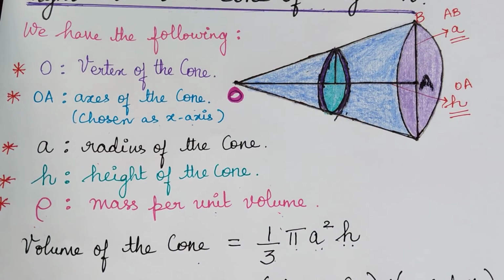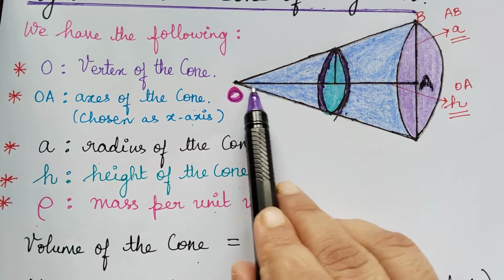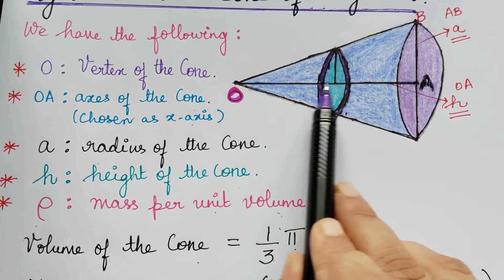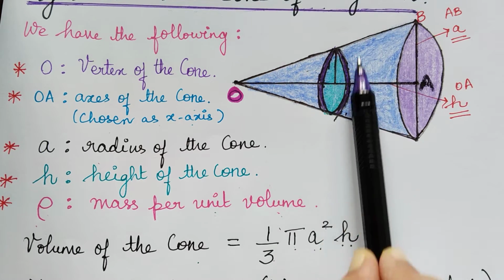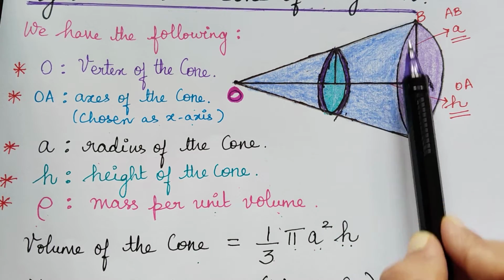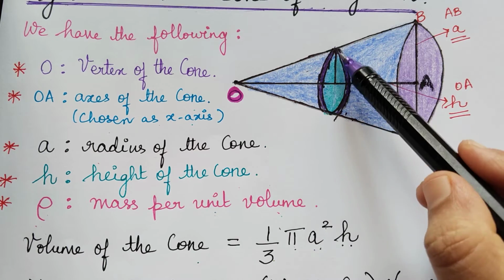We now divide this cone into thin circular laminae perpendicular to the axis OA. So this is the axis OA, and perpendicular to this axis is this direction. In this direction we are dividing this cone into thin circular laminae.